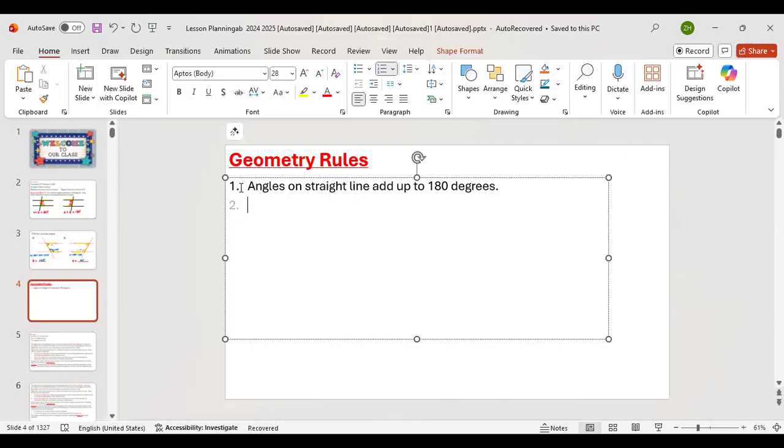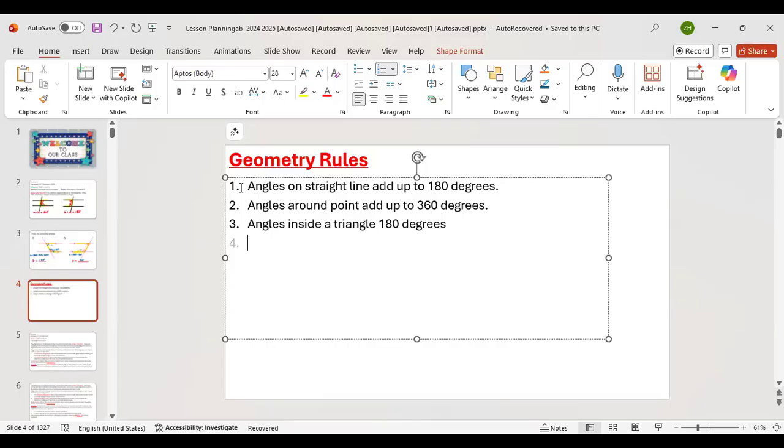I think the second one was angles around a point. Angles around a point add up to 360 degrees. Good. The third one was angles inside a triangle. What do they add up to? 180 degrees. Very good.